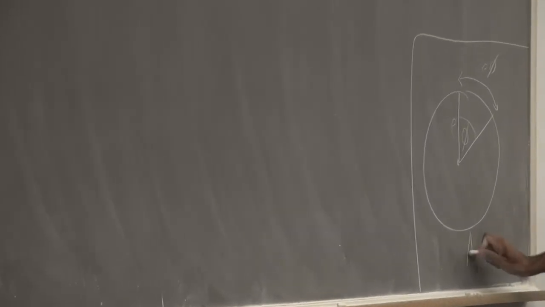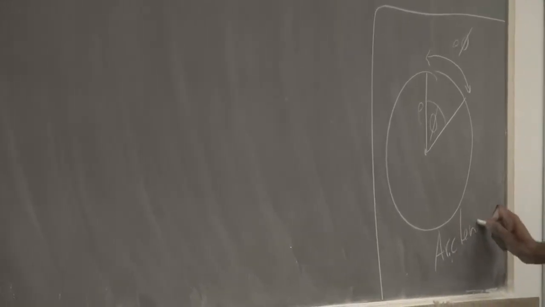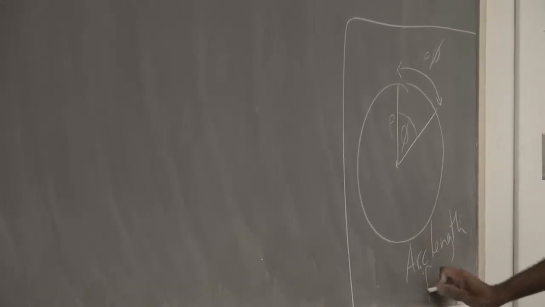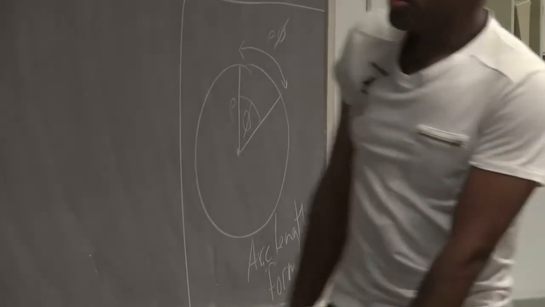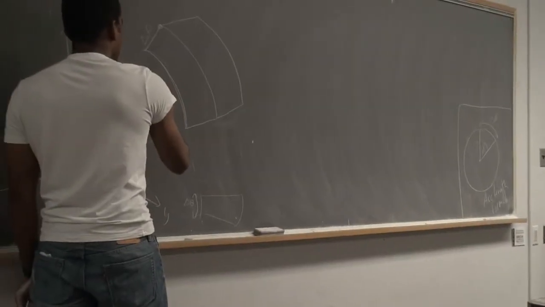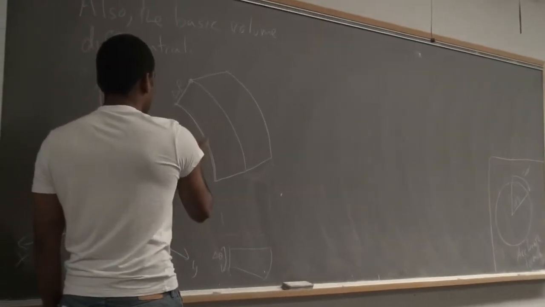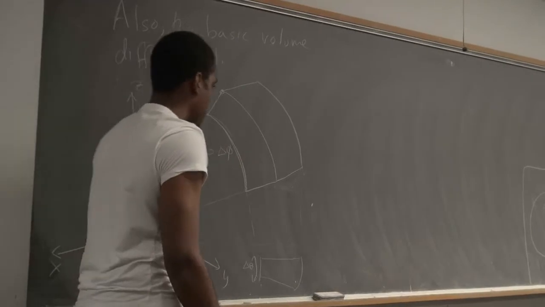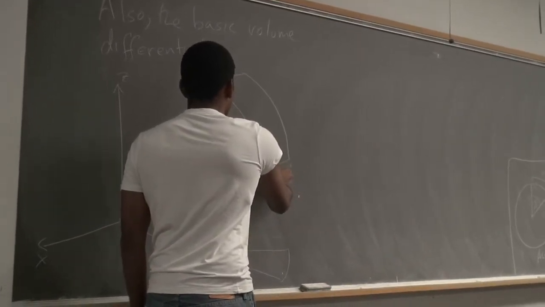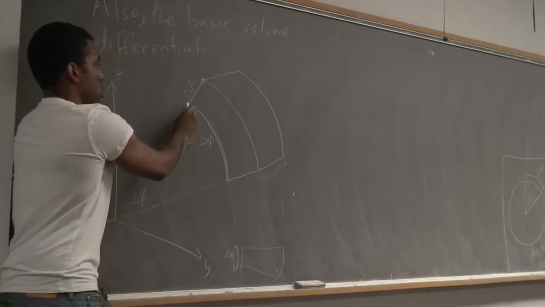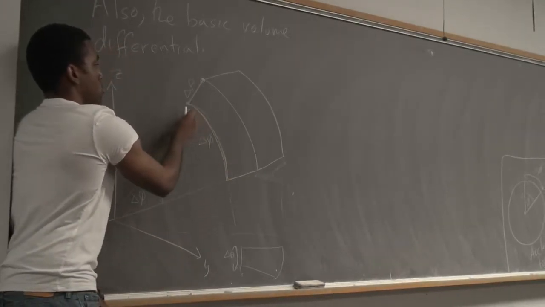This is the arc length formula. Which means the height of this guy here is actually rho times d phi. This right here, the height of that, okay.